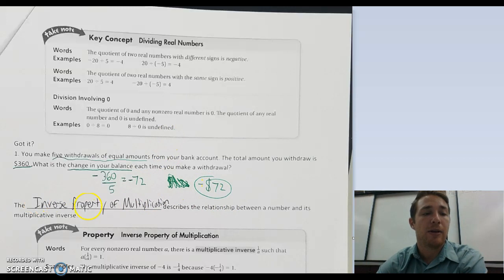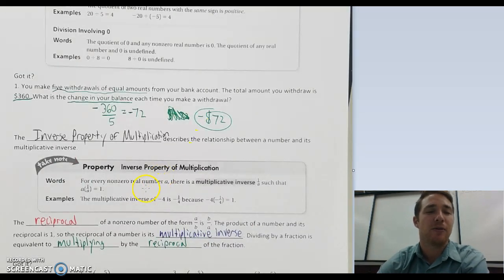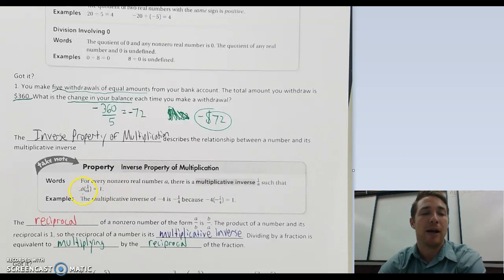And if I talk about the inverse property of multiplication, what that's describing is the relationship between a number and its multiplicative inverse. Remember we had additive inverses from earlier. So for every non-zero real number a, the multiplicative inverse 1 over a works so that if I multiply a number and its multiplicative inverse, I should get 1.